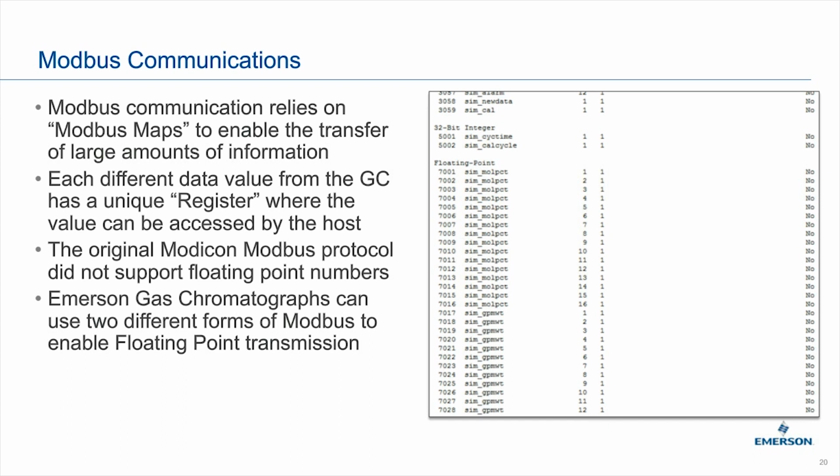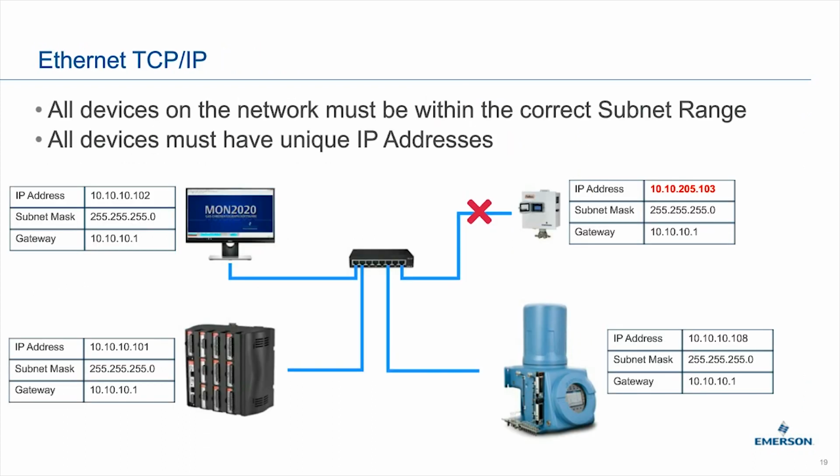Can anything be done so more than one person can log on through the Ethernet? I believe what you're talking about is, let me go back to this picture, if we had multiple computers here that had Mon 2020 running, can we have 2 or 3 people talking to the GC with the one Mon 2020 link?